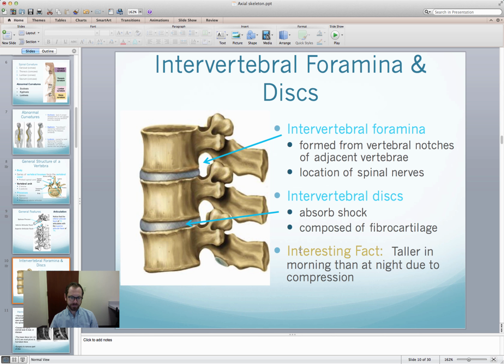And so an interesting fact here is that you are relatively taller in the morning than you are at night. And that's because of compression of these intervertebral discs. Throughout the day, your body weight is going to compress these intervertebral discs. And that compression gets relaxed at night when you sleep.